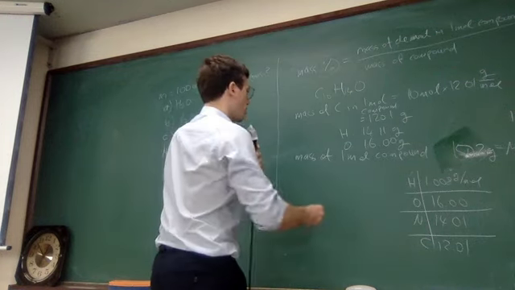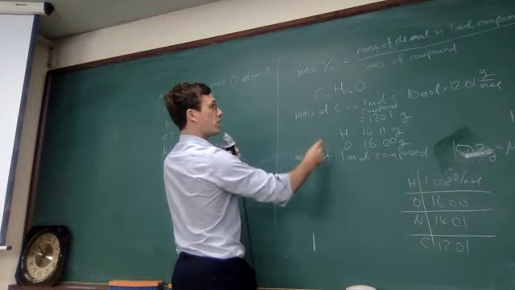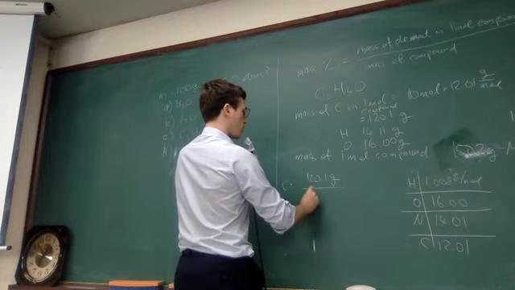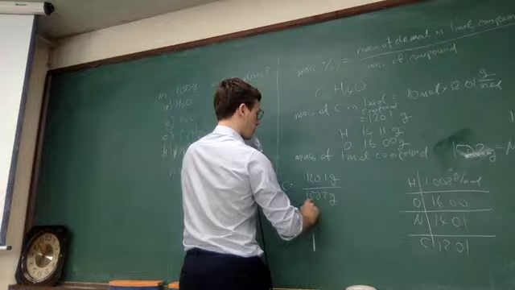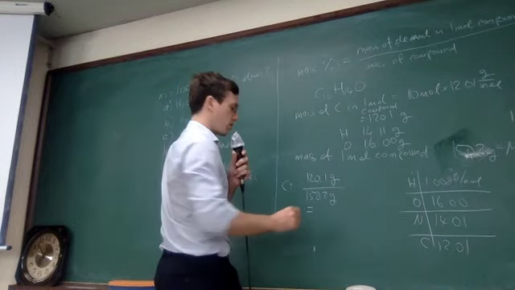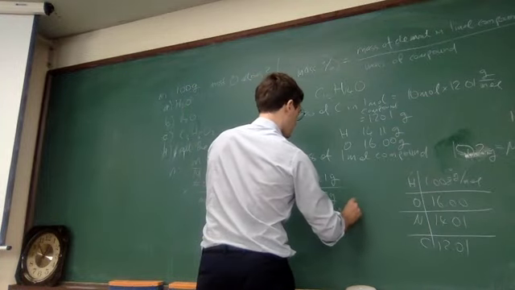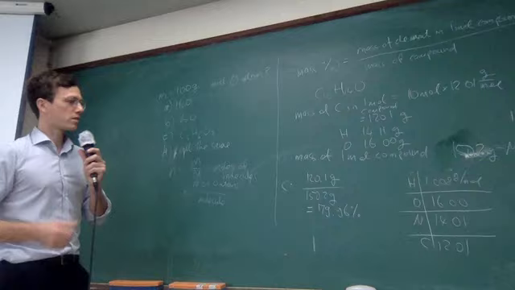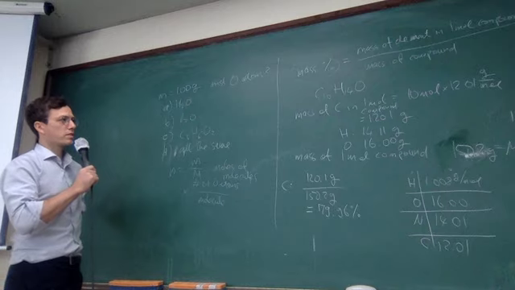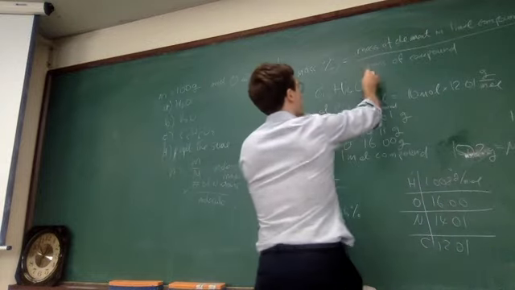So then for carbon, you would get 120.1 gram divided over 150.2 gram. And this would be 79.96%. Okay. So essentially what you did is you can also write this in a different way.